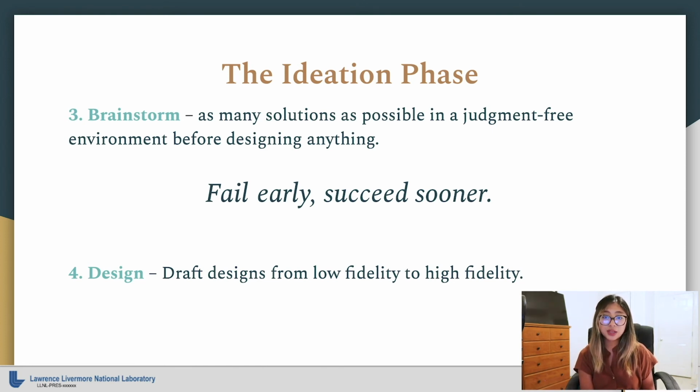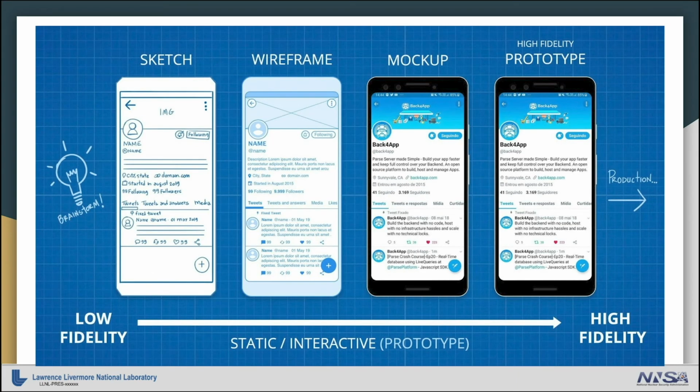And then once you come up with some good ideas, you go into the design step and start designing some prototypes. Here's an image of the general prototyping phases. You generally want to start from the lowest fidelity, which in this case is sketching on paper and pen. This is the quickest and most cost-efficient method.